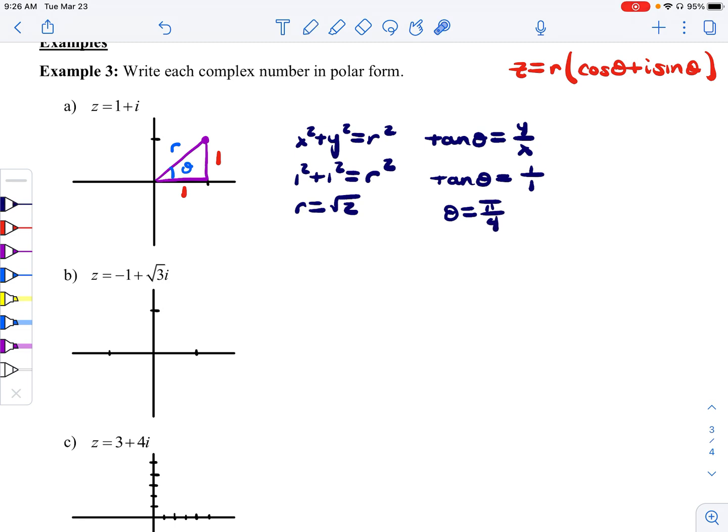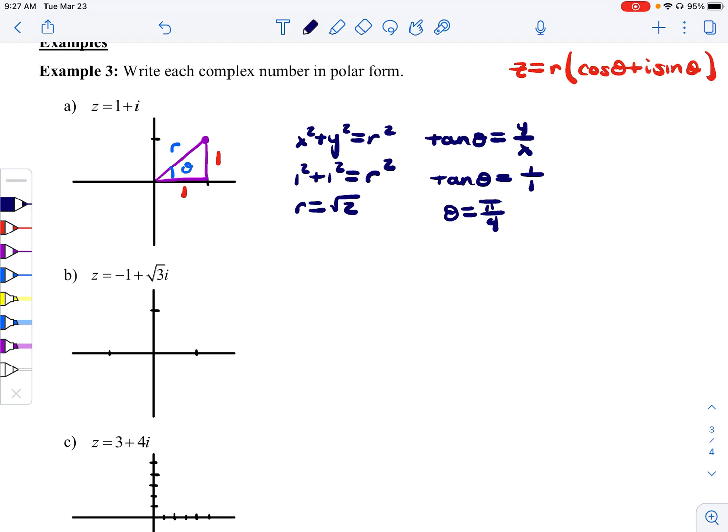This is why it's really important to plot your point first, because had we not known that this was in quadrant 1, then our angle could have been either pi over 4 or 3 pi over 4, but only one of those is actually correct. The only correct angle is the one that fits the quadrant of your original point. So make sure you plot that point before doing anything else so you know the quadrant that you're supposed to be in.